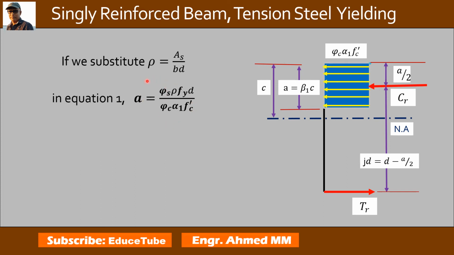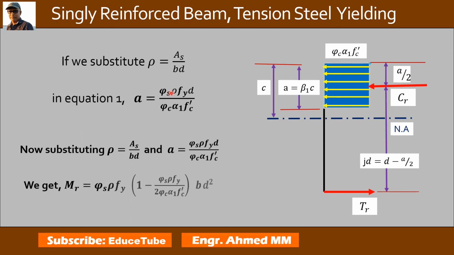This is the equation for stress block depth a in terms of rho. Very important point. Now we bring the Mr equation and substitute this value of a. So it will take this form. This is our equation for Mr.